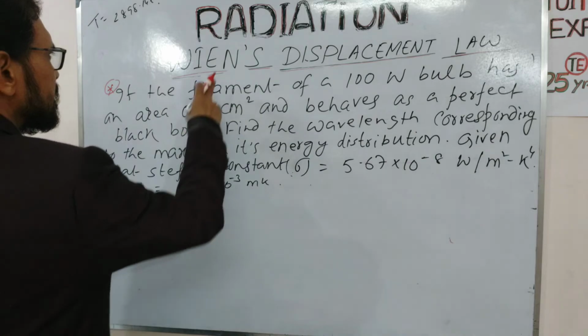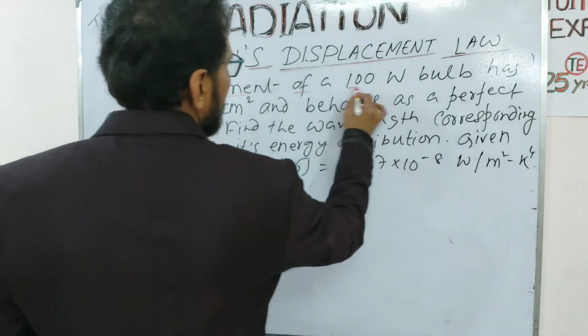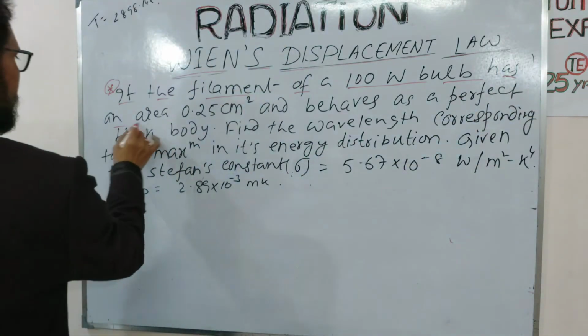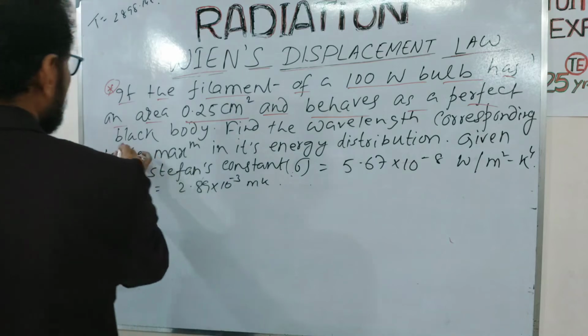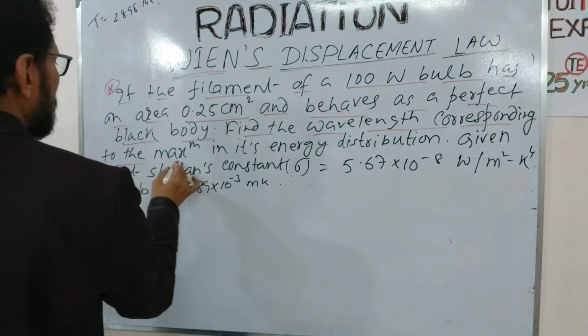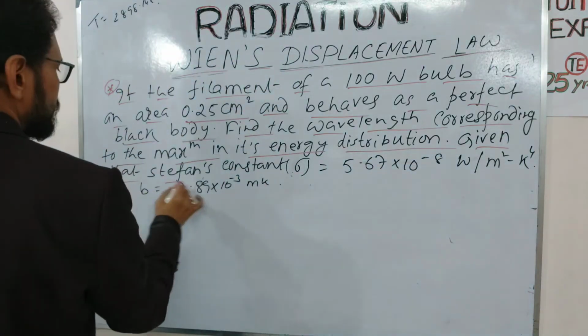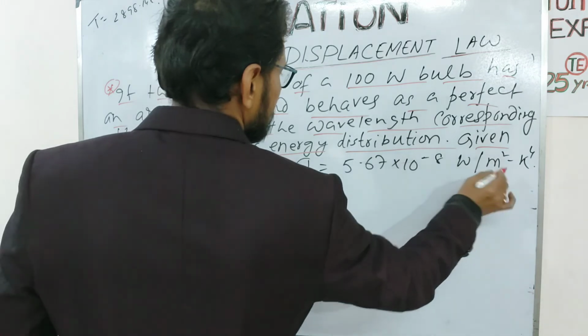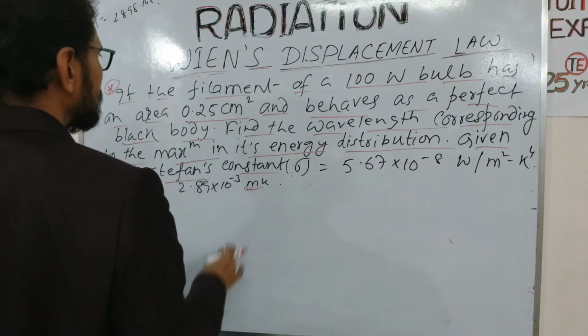Another problem related to Wien's displacement law is that if the filament of a 100-watt bulb has an area of this and behaves as a perfect black body, find the wavelength corresponding to the maximum in its energy distribution, given that Stefan's constant is this, and also Wien's constant is this.